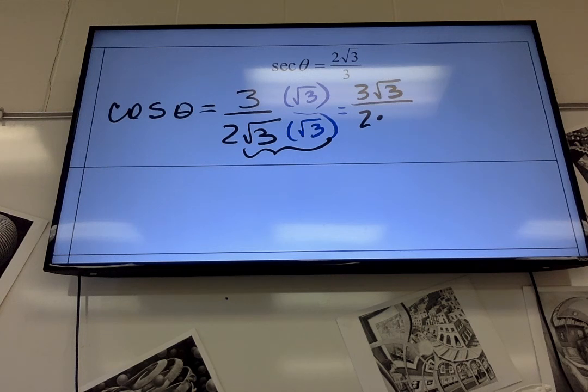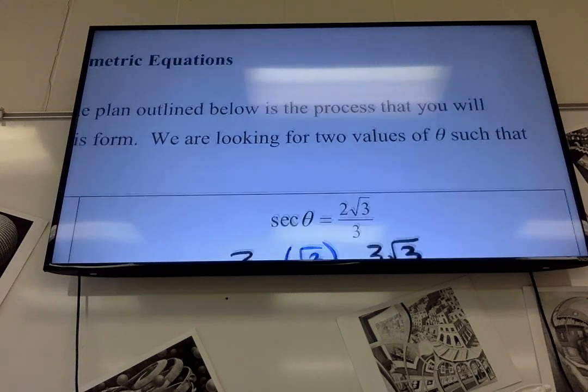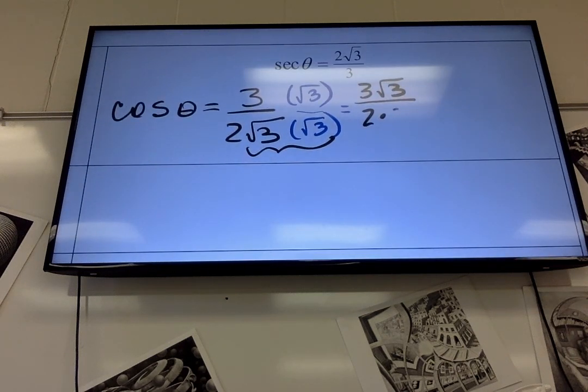It's always just that number without the square root. That's the whole point of multiplying by the square root of 3, so that it gets rid of the square root. Now I know I can multiply those together.